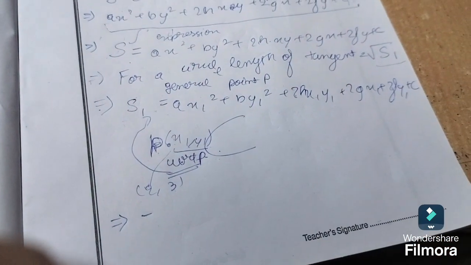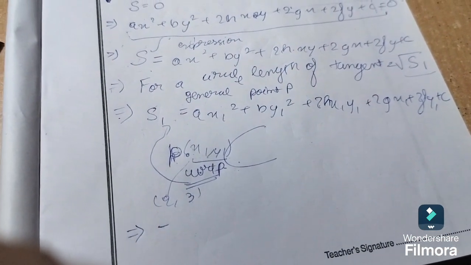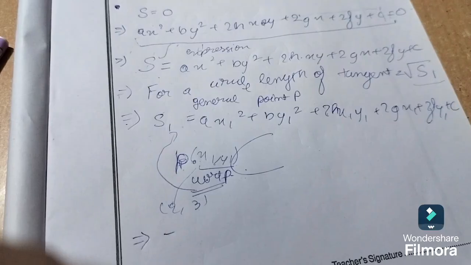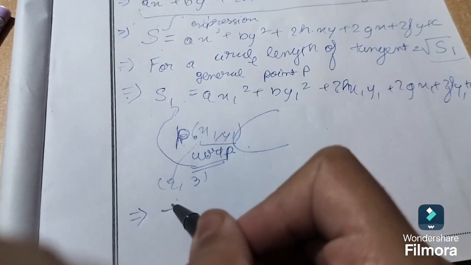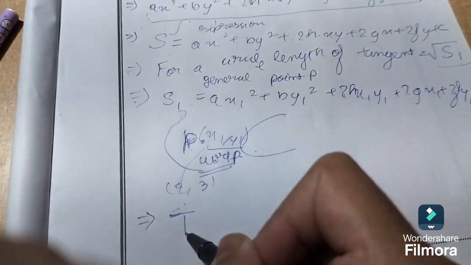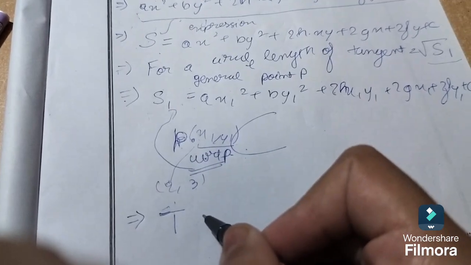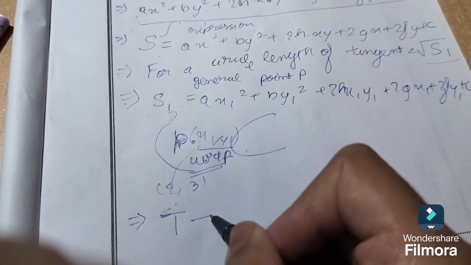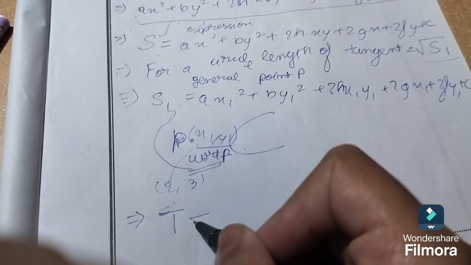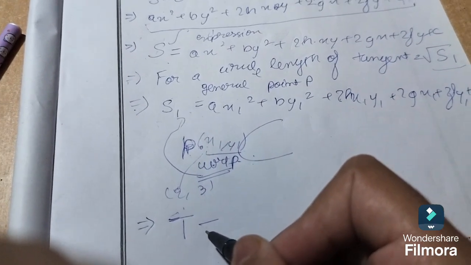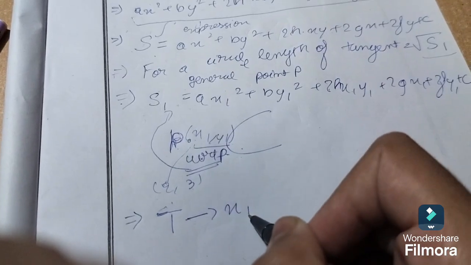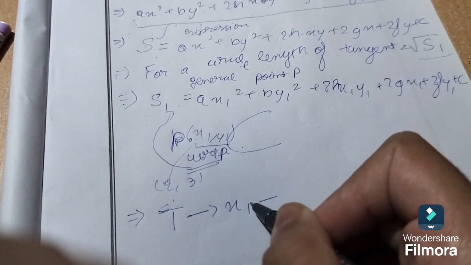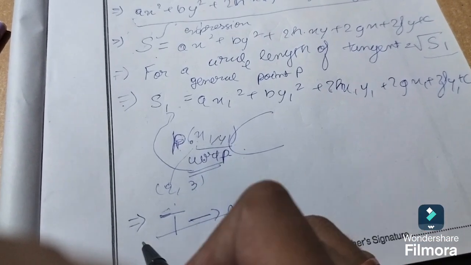S is equal to 0 you can get, but what is T then? T is basically an expression in which you replace x1 by x, so let me write it freshly.